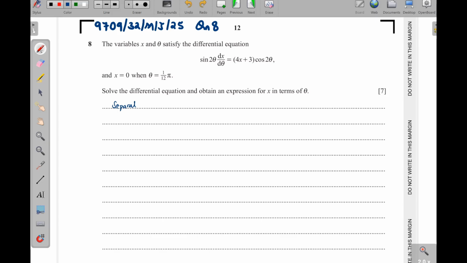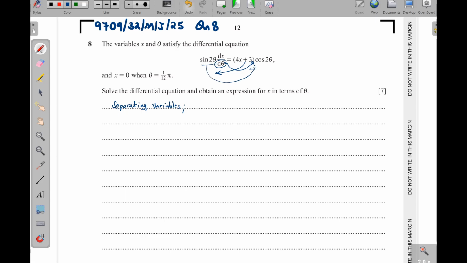Okay, and I've already said that when you are separating variables, you use cross multiplication. So I'll cross multiply here. This one will simply imply the d theta will come up here, let this one come down here, and then you divide all through by sine 2 theta.